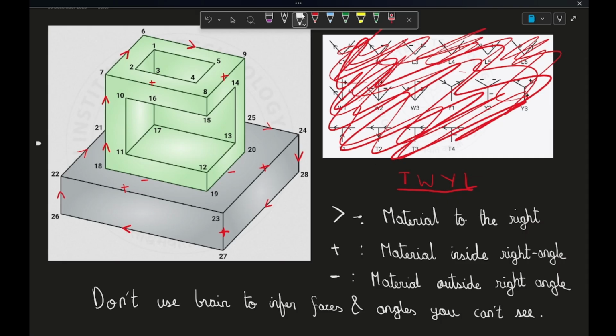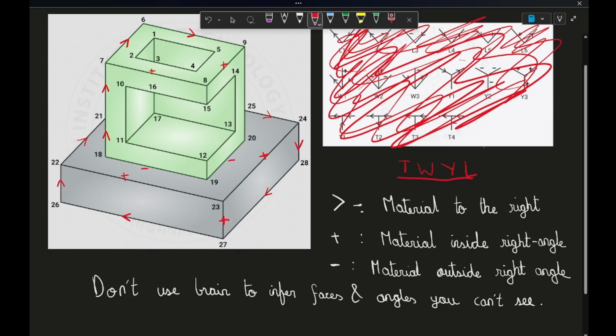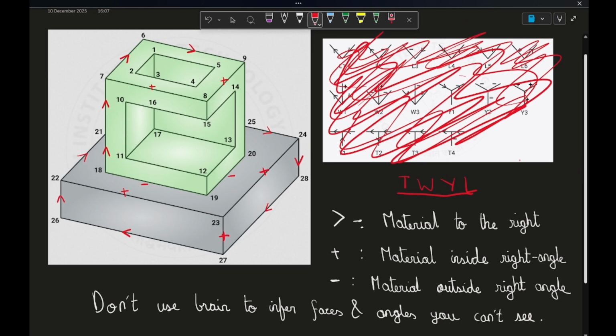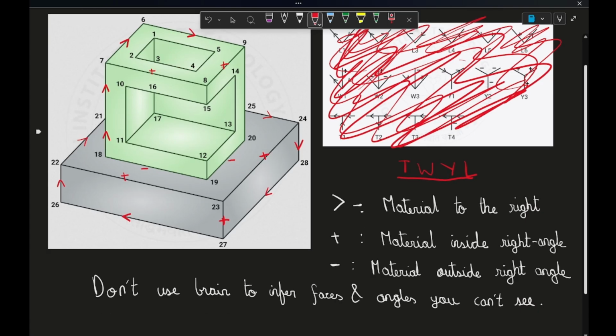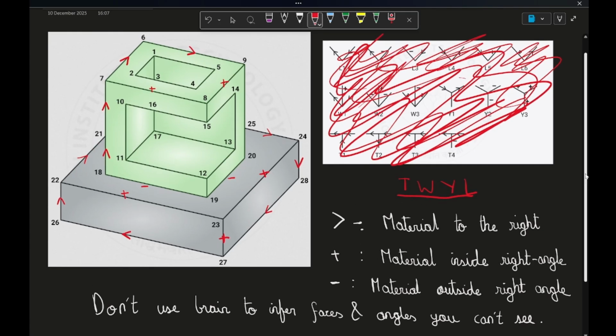Sure, there is an angle being formed here, but we are not supposed to infer that, because a computer vision model won't know that this is a box and there's a hidden face to that side. That's why we too must not do that, and that's it.